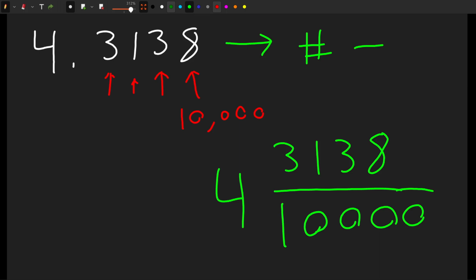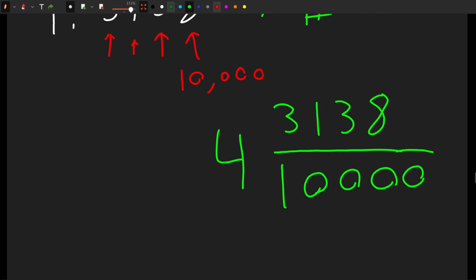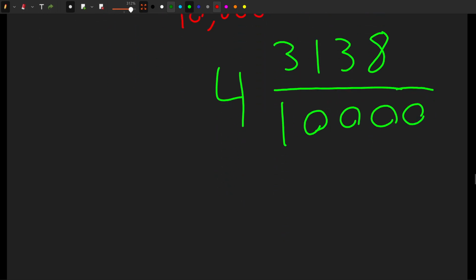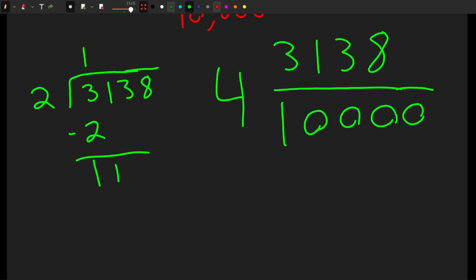Now, here, I know that both of these have 2 as a factor. And so that means I can divide out 2 from 3,138. 2 goes into 3 once. Subtract it out, 1. 2 goes into 11 5 times. 10, 1, 3. 2 goes into 13 6 times.